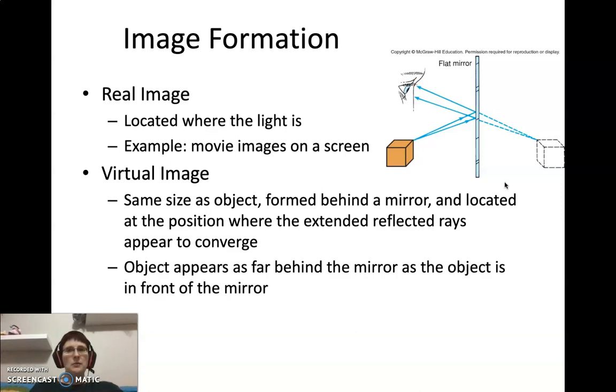And you probably are a little familiar with this. You may not have actually ever noticed it, but an object appears as far behind the mirror as the object is in front of the mirror.